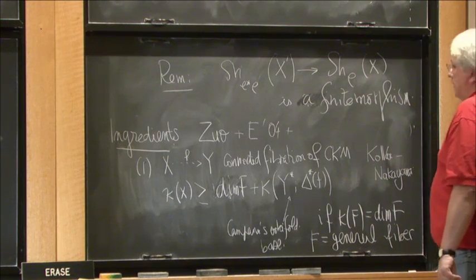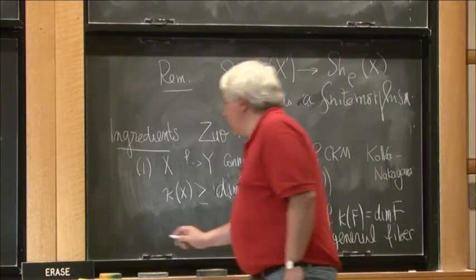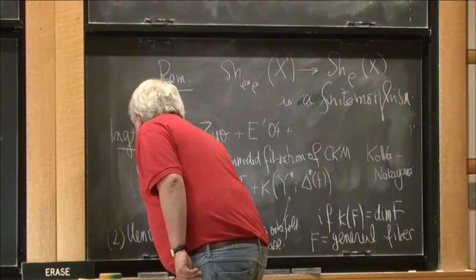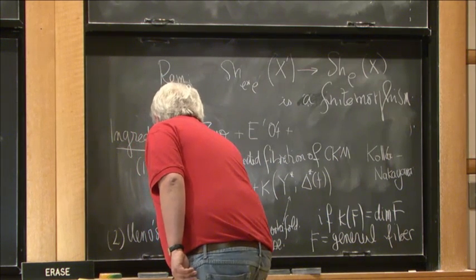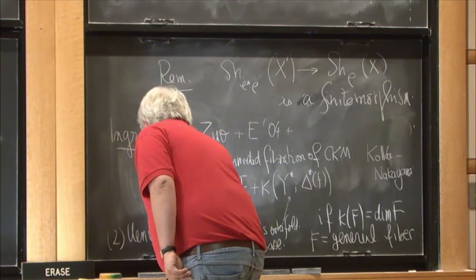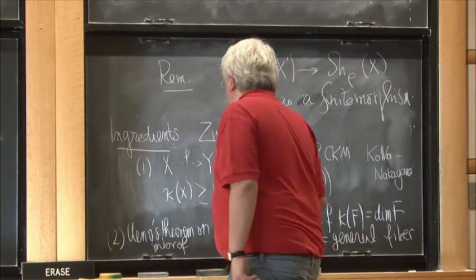So that's the first ingredient, and the second ingredient is of course Ueno's theorem on subvarieties of complex tori.